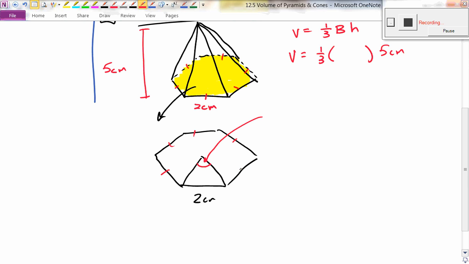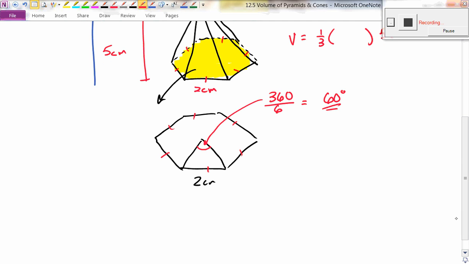That's right, 360 total degrees in a circle divided by number of sides, which is 6 sides in this case, which means that I have a 60-degree central angle right here. Does everyone follow me so far? Okay, good.